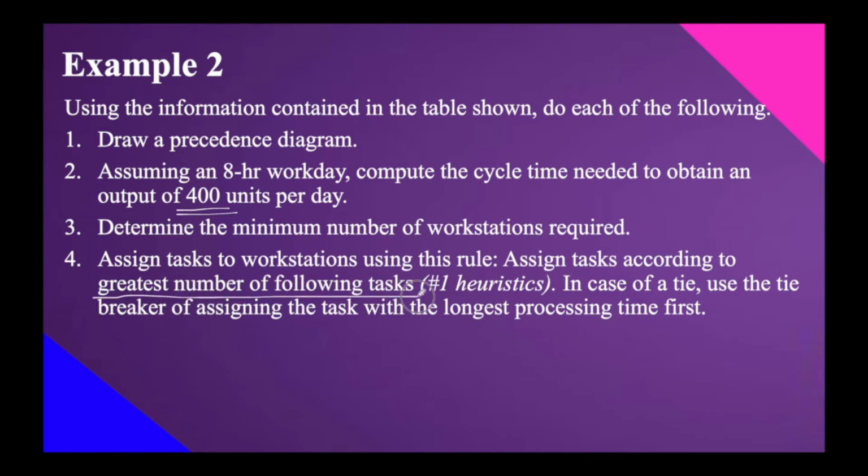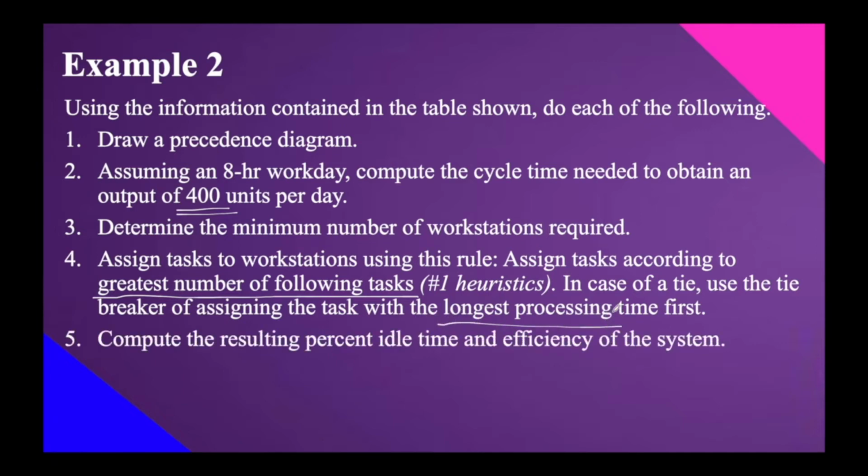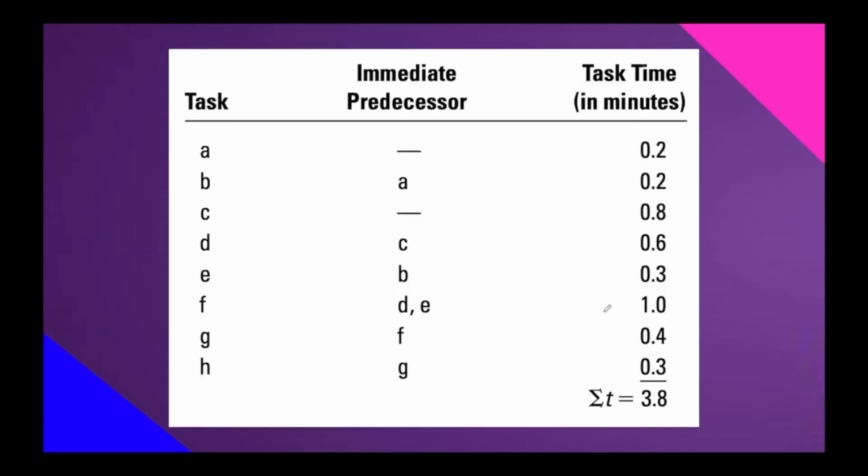And this is the first heuristics. In case of a tie, use the tiebreaker of assigning the task with the longest processing time first. Next, number 5, compute the resulting percent idle time and efficiency of the system. Yung last na ginawa natin sa first example. So, here's the given and we should have the precedence diagram first.